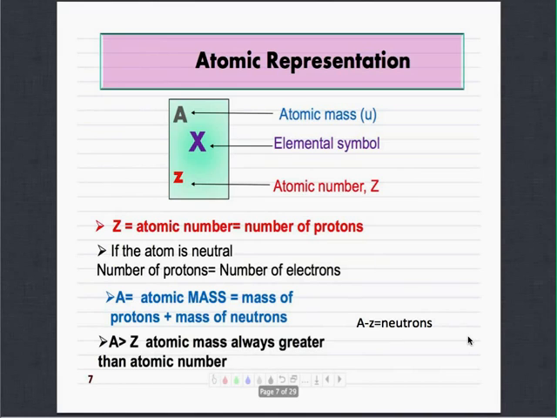The smaller one is always the atomic number. It doesn't matter what kind of periodic table I provide you here or when you go out of this class; periodic tables are represented in different ways. Always the atomic number, which is the number of protons, is going to be smaller than the atomic mass, also known as the mass number.